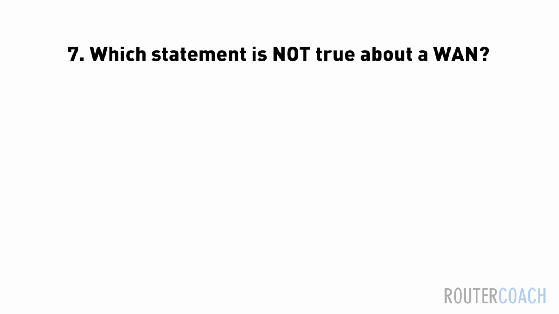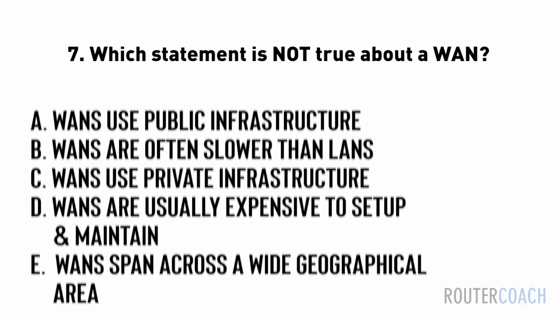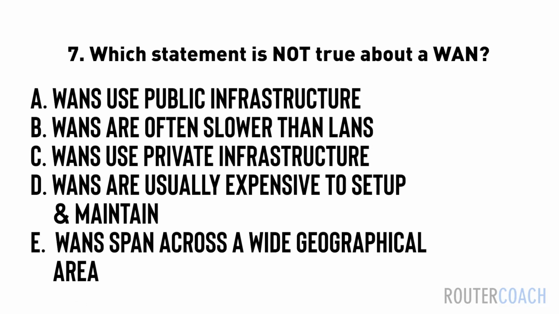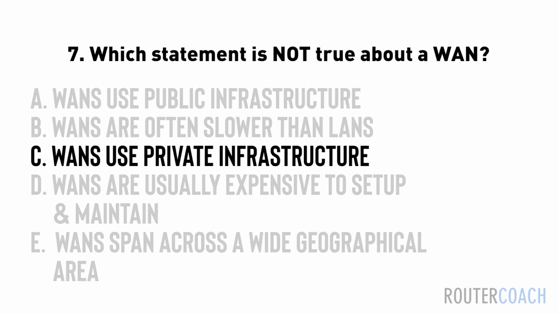7. Which statement is not true about a WAN? A. WANs use public infrastructure. B. WANs are often slower than LANs. C. WANs use private infrastructure. D. WANs are usually expensive to set up and maintain. E. WANs span across a wide geographical area. The answer is C. 8.